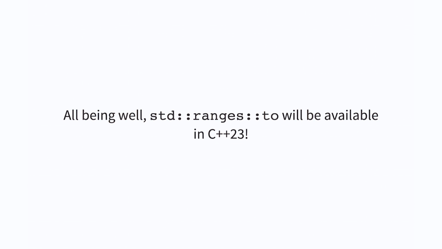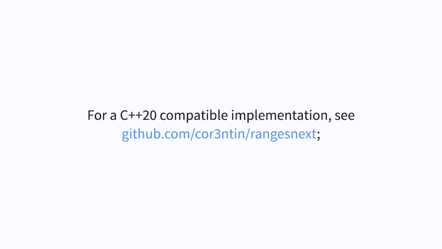In the meantime, apologies to any French speakers in the room, but Corentin Jabot, I think is how you say it, who is the author of the ranges::to proposal and many other standard library proposals, has an implementation of ranges::to and quite a few other ranges things in this library he calls Ranges Next. So we're going to use this as a sort of polyfill until we have C++23.